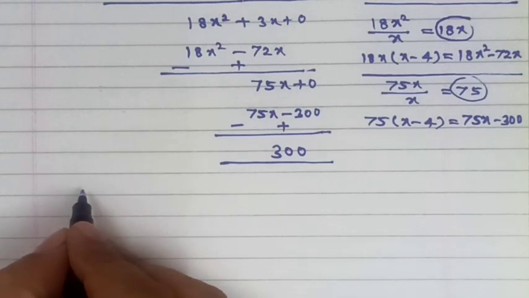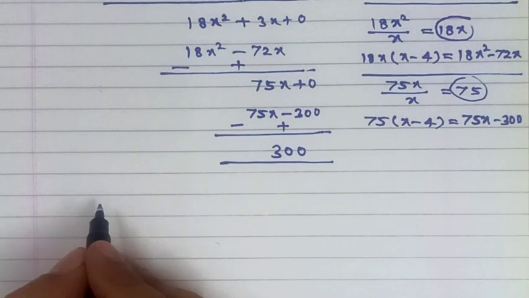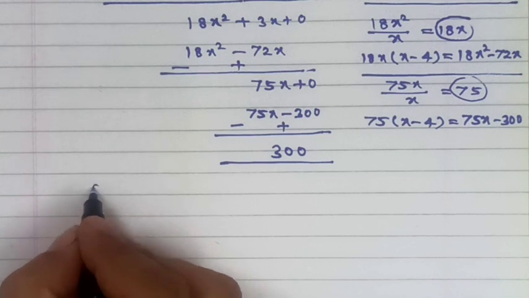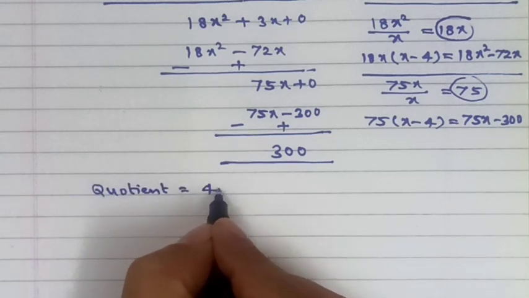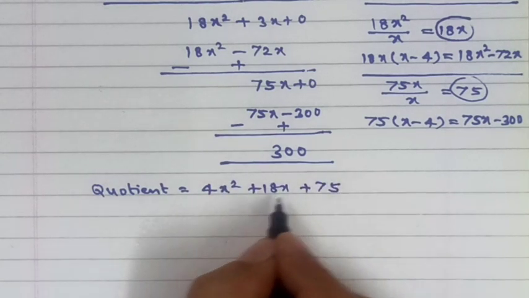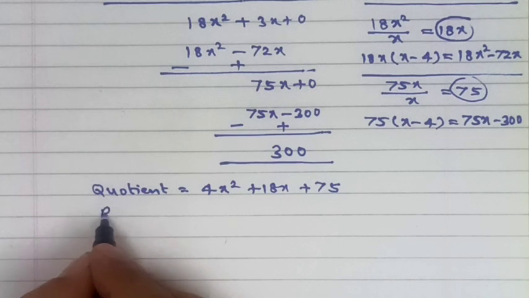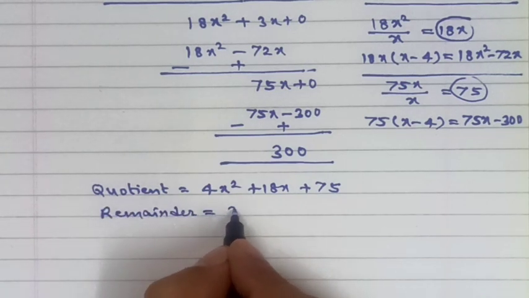Now write down remainder as 300 and quotient as 4x square plus 18x plus 75. So quotient is 4x square plus 18x plus 75, remainder equal to 300.